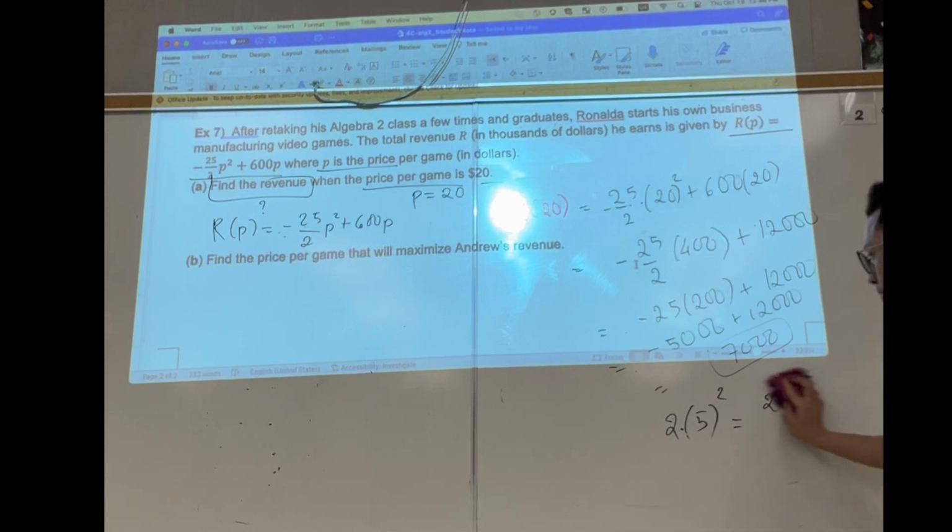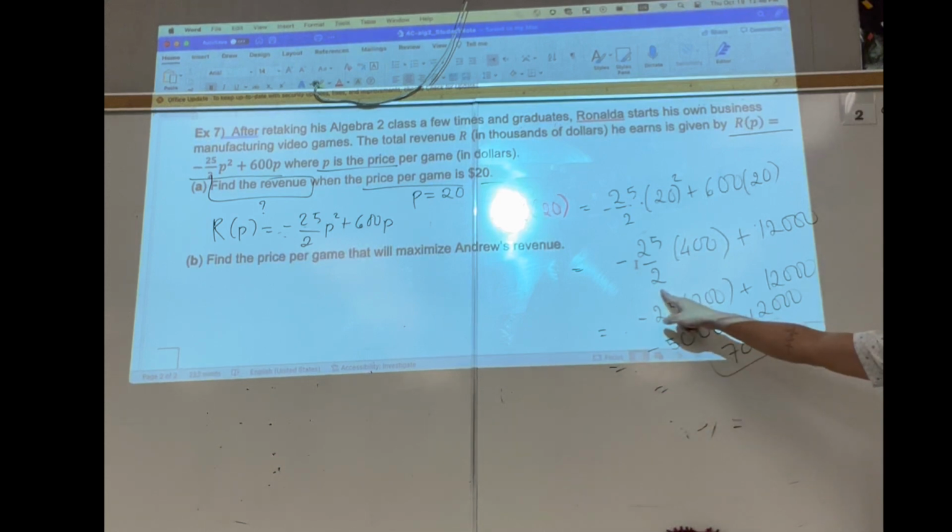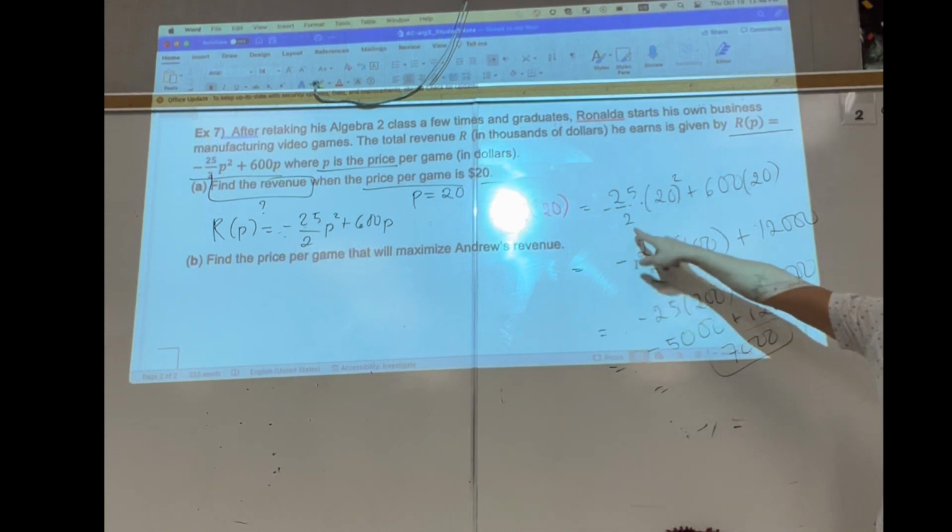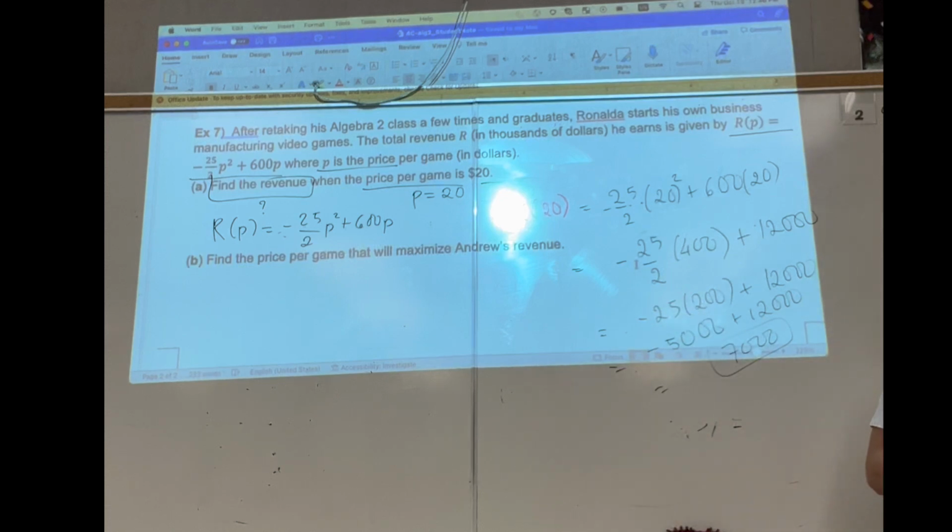Do we always divide by the bottom number? Because if they have this, then you need to divide it. Oh, we got the 2 right here. You need to divide it. Is that applicable for everything?